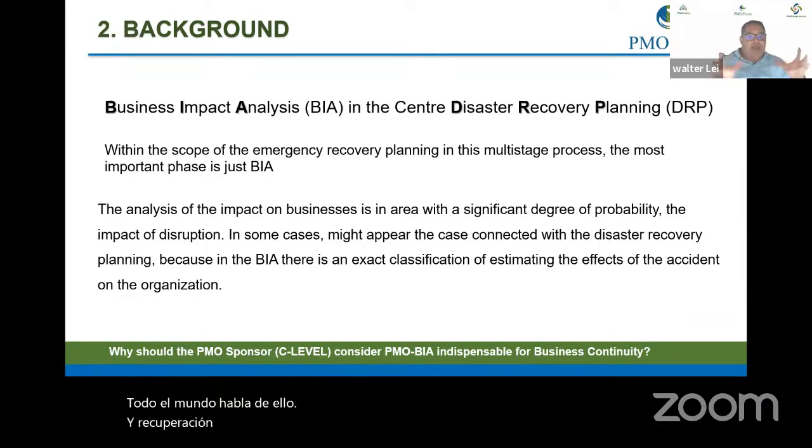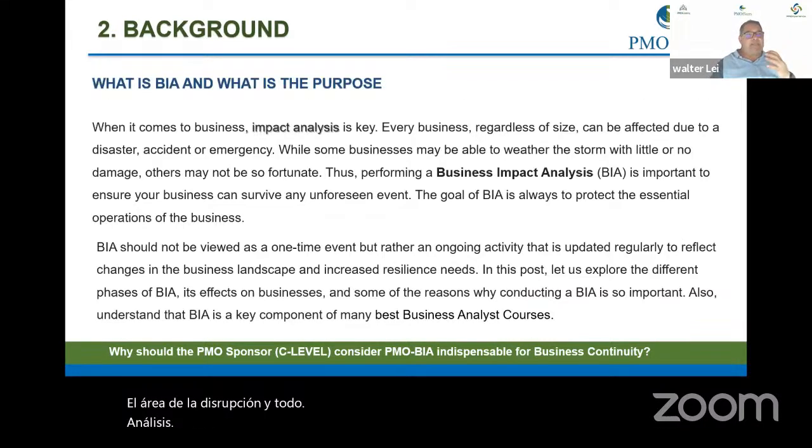But really, what is covered in the business impact analysis? People look at the area of disruption and everything behind it as the business impact analysis. People keep forgetting what it is.